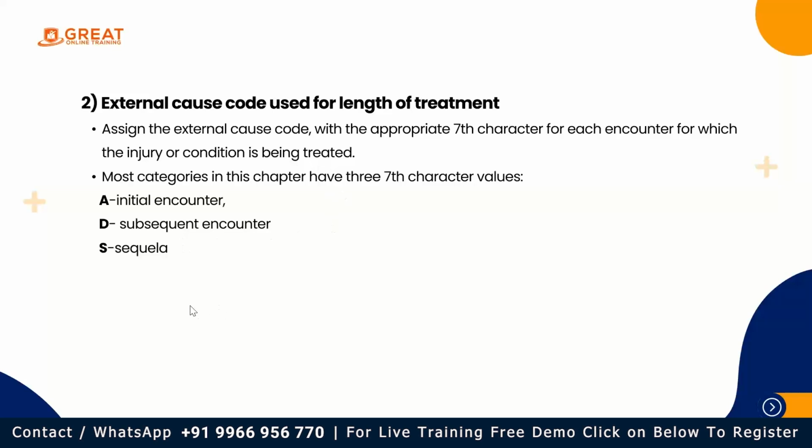As I showed you, most of the codes end with the seventh character A, D, or S. A represents initial encounter, D is for subsequent encounter, meaning each encounter after the initial encounter. If any sequela, after effect, or late effect of that injury is there, in that case we have to use S as the seventh character.